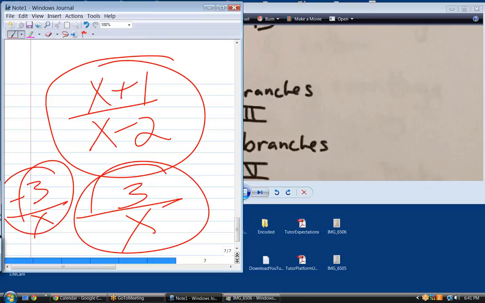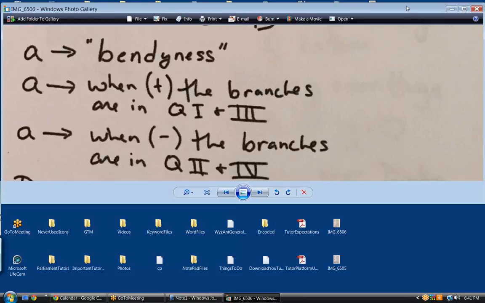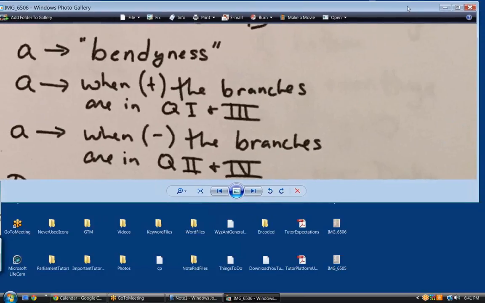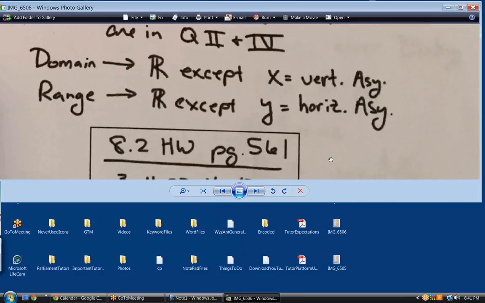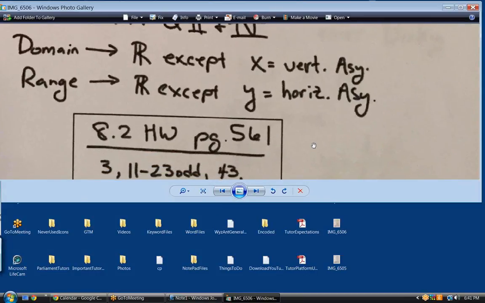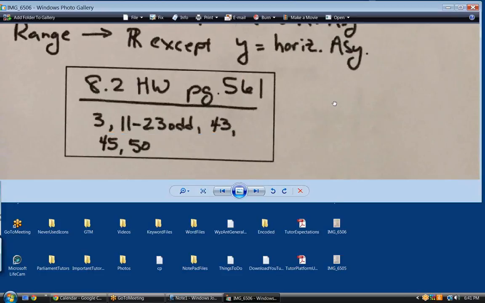But when I put the x in the numerator and the denominator, not so easy to figure out which two quadrants it's in. Right. The domain is always all reals except for the vertical asymptote. And the range is usually all reals except for the horizontal asymptote.